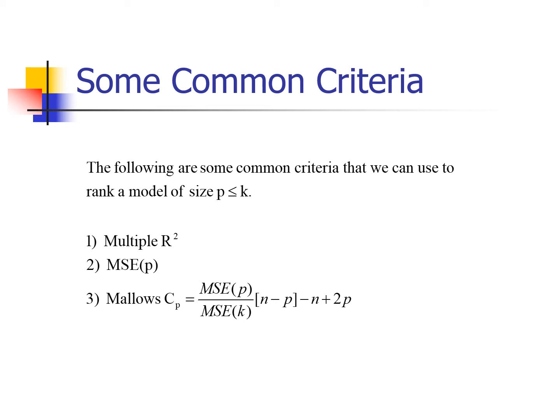And so our process is that we're going to keep adding variables to our model, going from a 1-variable model to a 2-variable model to a 3-variable model, and we're going to look for the point where the Mallows CP is equal to p. And then we're going to stop.